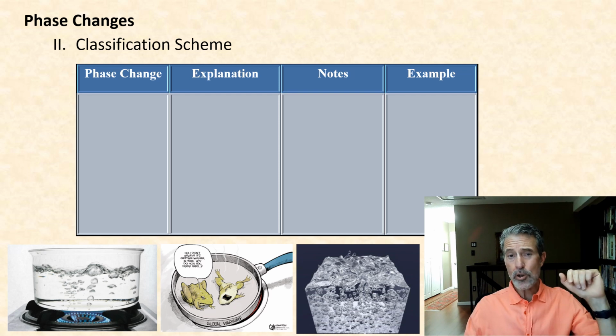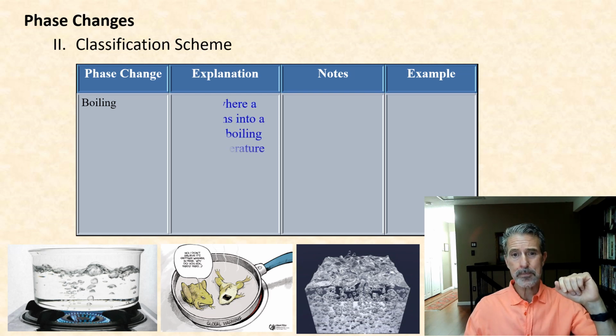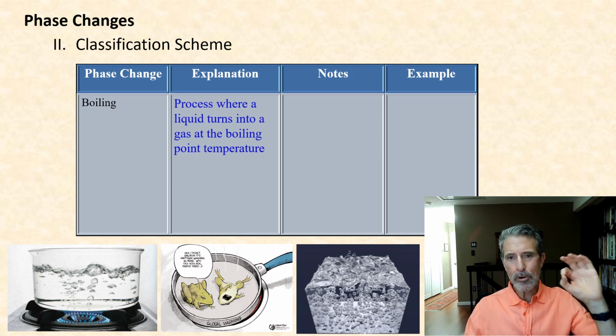The phase change that we call boiling is certainly a phase change that you're all somewhat familiar with. Boiling is the process where a liquid turns into a gas at the boiling point temperature.